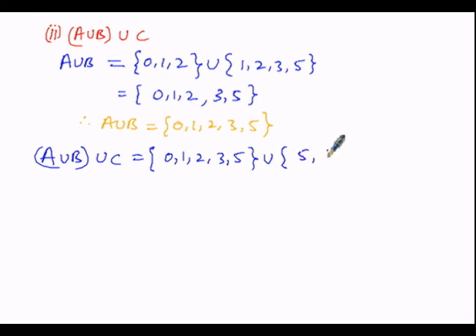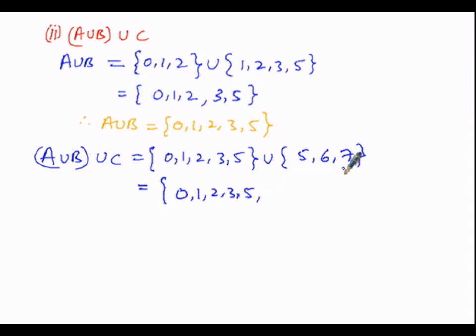In order to find the elements, the union of two sets is nothing but the elements in either set A or set B or both. First I write the elements of the first set, that is 0, 1, 2, 3, 5, and then include 5, 6, 7.